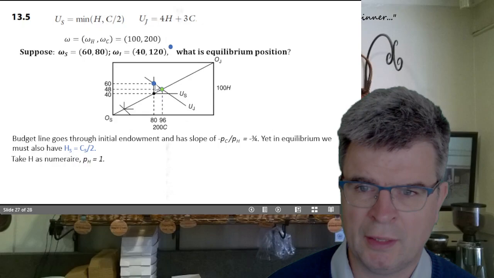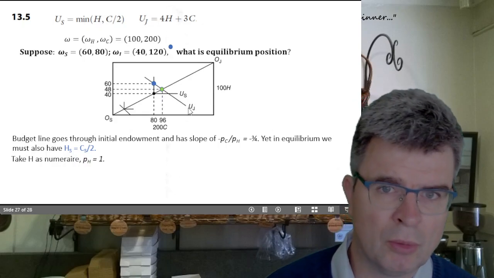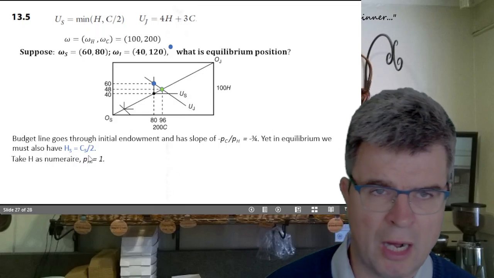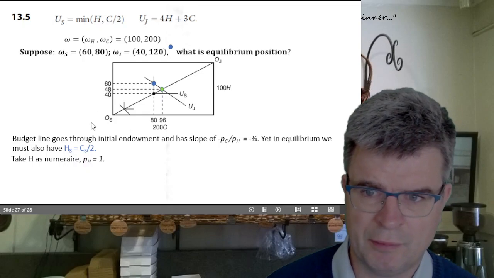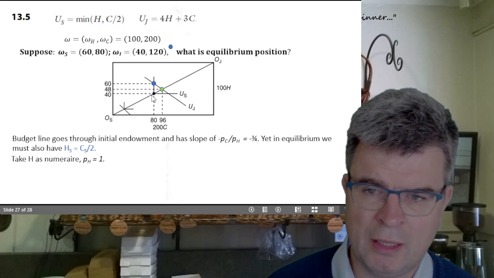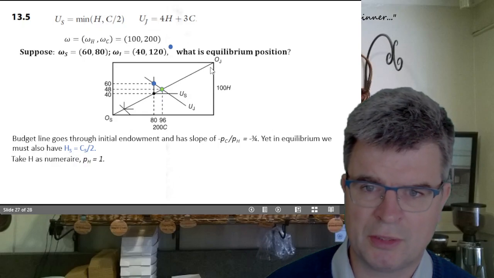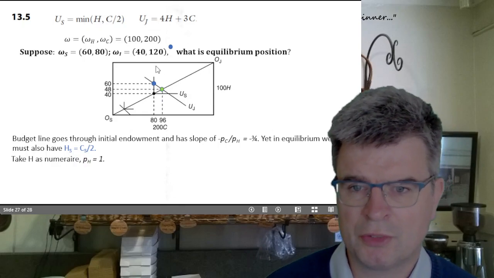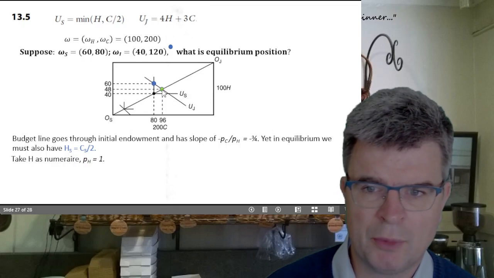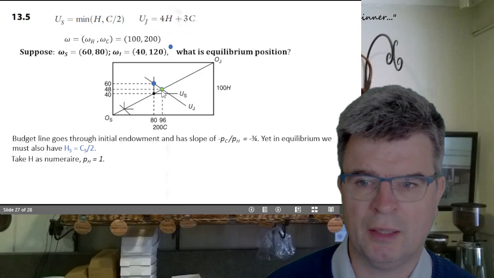So the budget line is the one that is over here. And in equilibrium, we also need to have that Smith's consumption of ham is half of his consumption of cheese. So in equilibrium, it also needs to be that the allocation is on this line over here. Now, there's only one point that is both on the Pareto efficient set and on the budget line, which is the green dot over here.